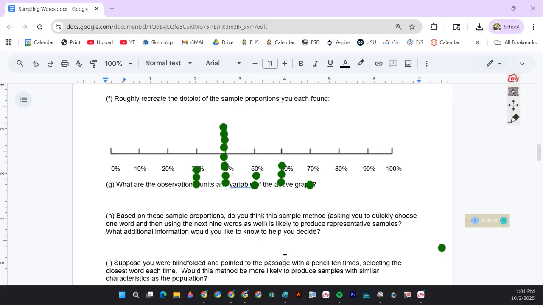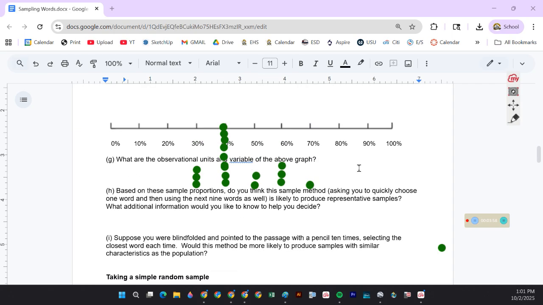All 9 succeeding choices were dependent on the first choice. So if we truly wanted to make this random, you could throw darts at it 10 times. You could create a list where every word has a number, and then randomly select numbers from that list, which is what we're going to do.